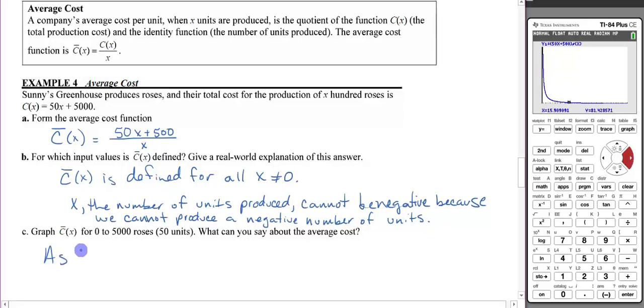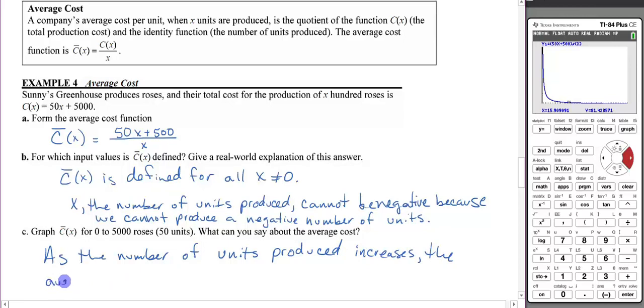So as the number of units produced increases, the average cost per unit decreases.